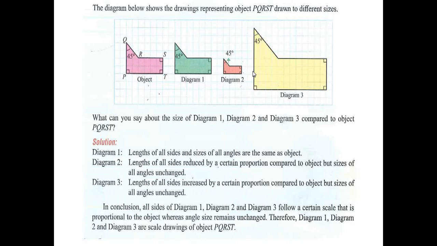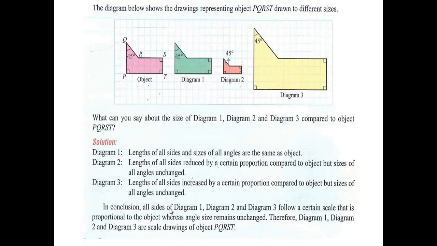You can refer to this in your textbook. PQ increases to 2, 4, 6, 8 units, but all the interior angles remain unchanged. So what is the conclusion?